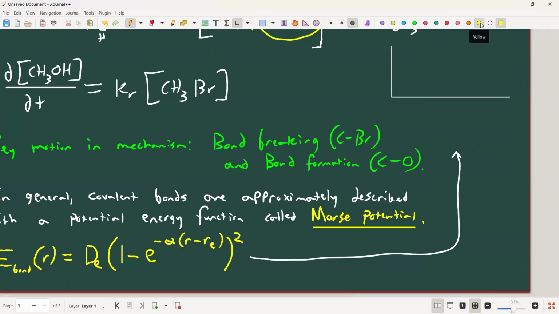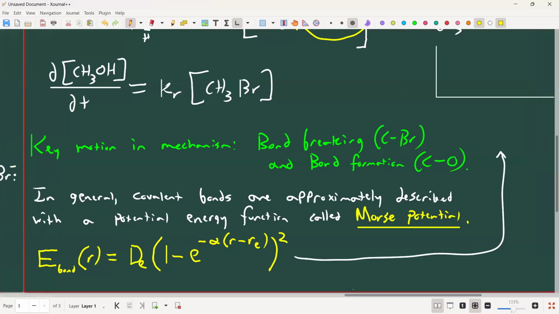All right, so let's think a little bit about what the behavior of this function is as r goes to 0, two atoms on top of each other, versus r infinity. At r infinity, this becomes a large number, and in the exponent you have e to the minus large number, which is 1 over a large number, which is 0.